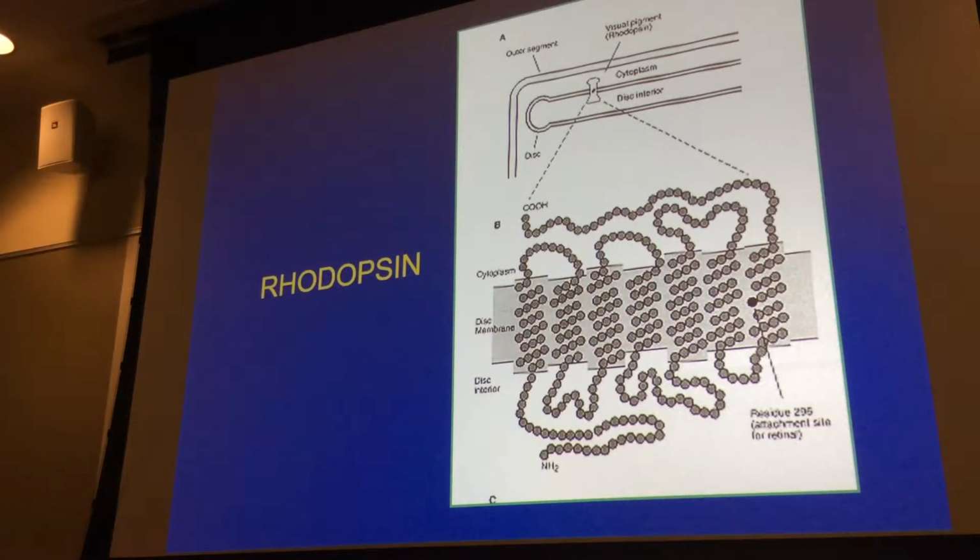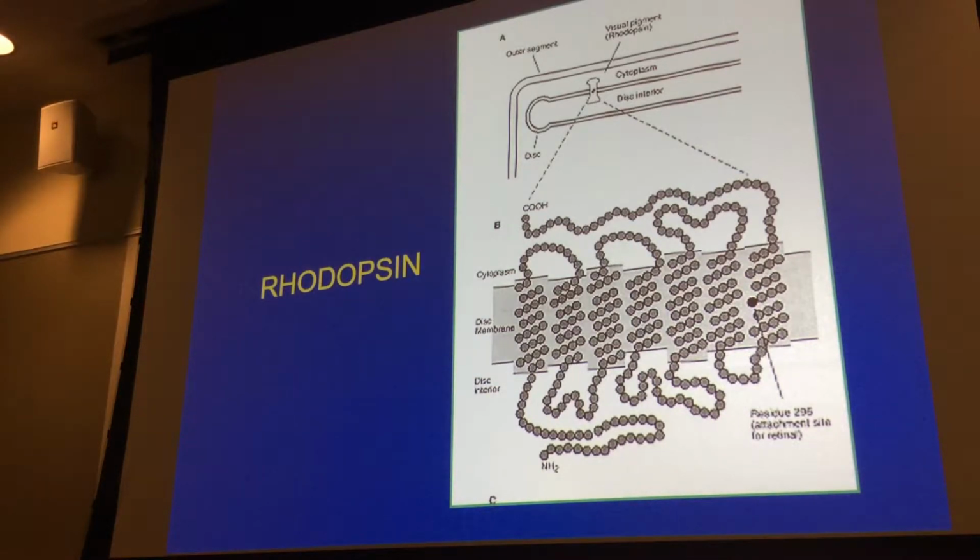It turns out that the rod outer segment is extremely specialized. It's just a series of membranes that contain virtually nothing else but rhodopsin and its signal transduction molecules. So it's not like a cell like we think of, like a nerve cell, which does so many different things. The rod outer segment is so specialized that we call it like a bag of rhodopsin.